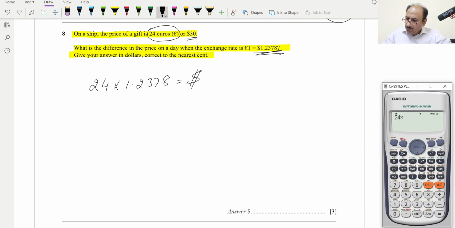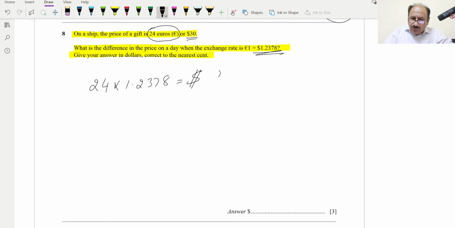So in dollars, this amount will be 24 into 1.2378, and this is given as 29.7072, and we need to check the difference with $30.